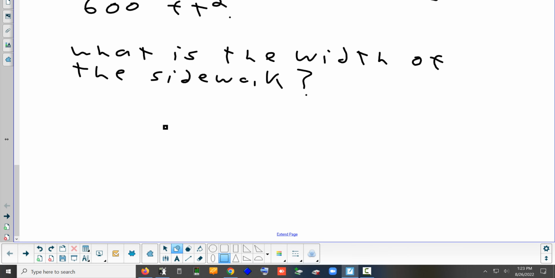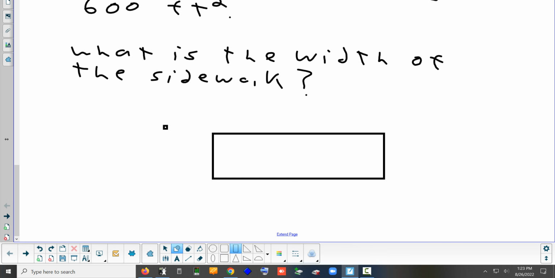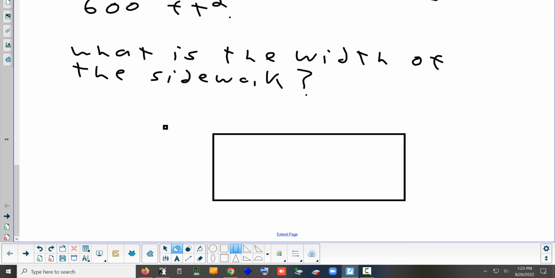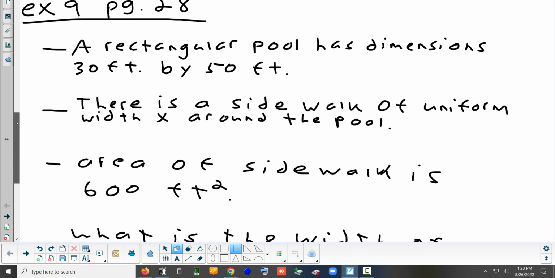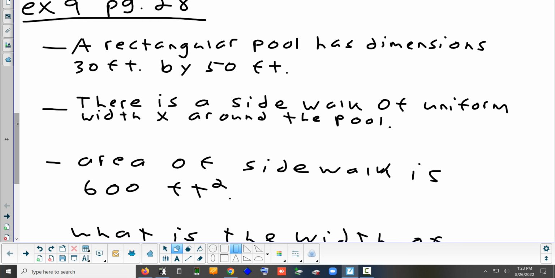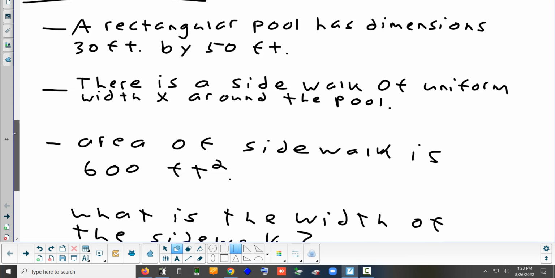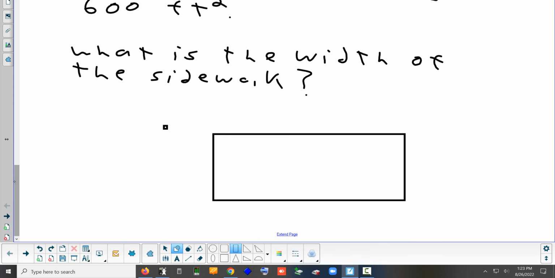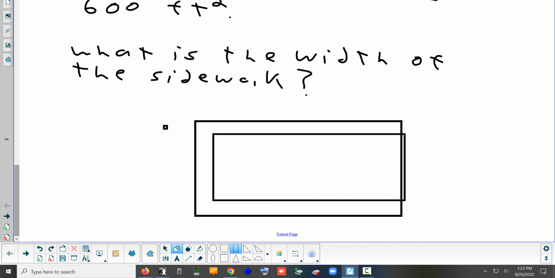Not a square. Let's try a rectangle. 30 by 50. And there's a sidewalk around the pool. And it's exactly the same width all the way around. So let's put the sidewalk around the pool like that.